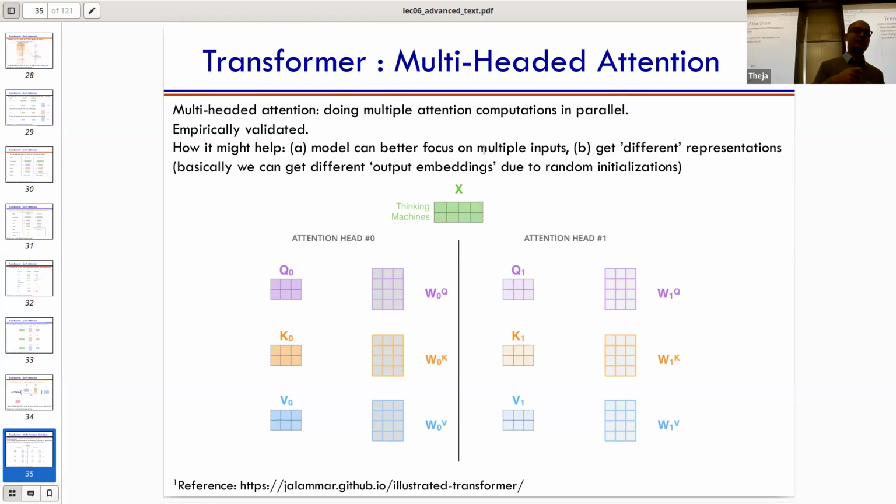Maybe the second attention head helps you focus on some other part of the input sentence that is useful for this word. So that's some redundancy, potentially different representations of the word that are appropriate for eventually predicting or decoding, or in this case, translating. So that's the idea.